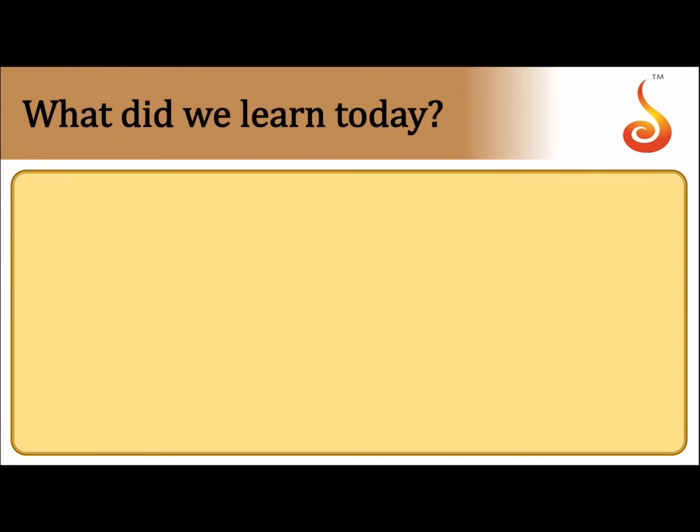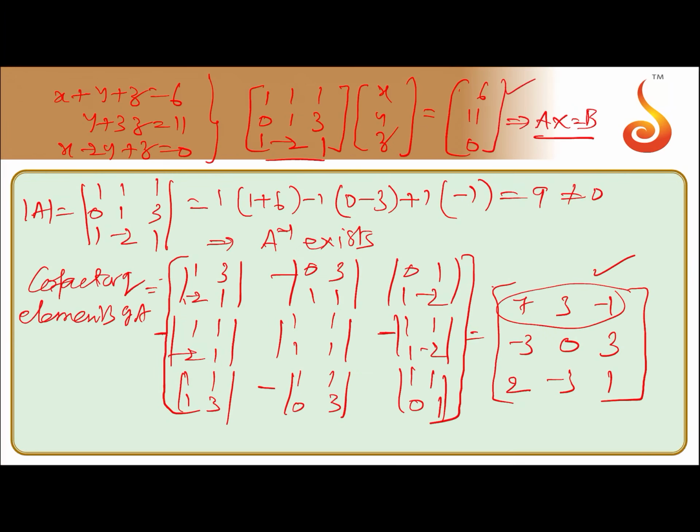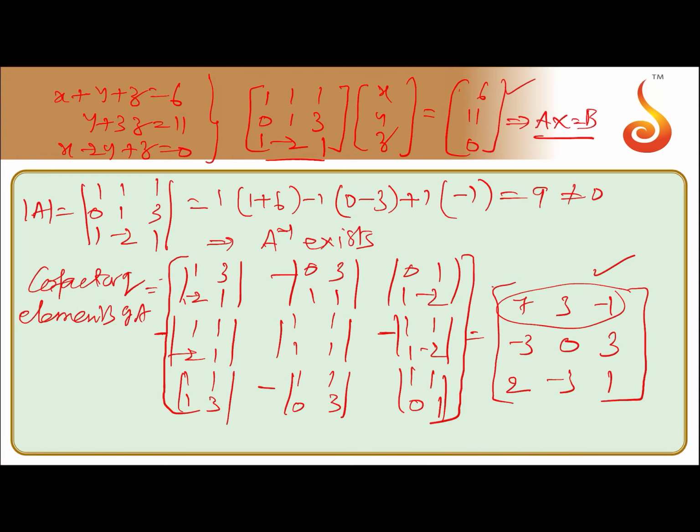This is how we find the solution for the system. Okay, this is about the solution for the system of these equations. Hope you understood the logic here. The system can be put into the matrix notation like AX equals B. Find the determinant of A. Check whether det A is not equal to 0, and decide about the existence of A inverse.